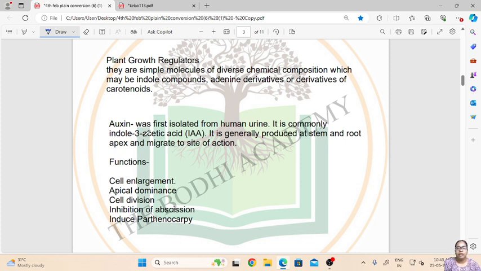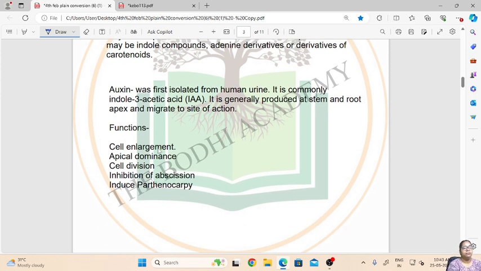So plant growth regulators. First hormone in the plant growth regulator is the auxins. Auxin is commonly known as indole 3-acetic acid, IAA. So IAA is a common auxin. It is generally produced at the stem and the root apex.